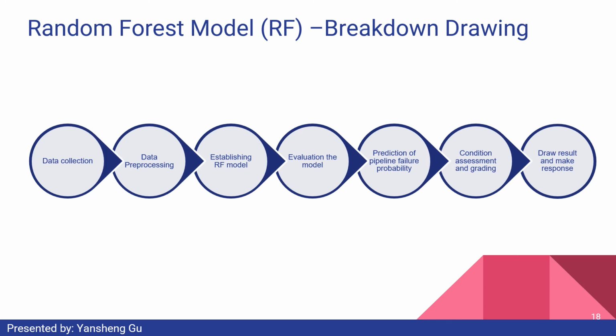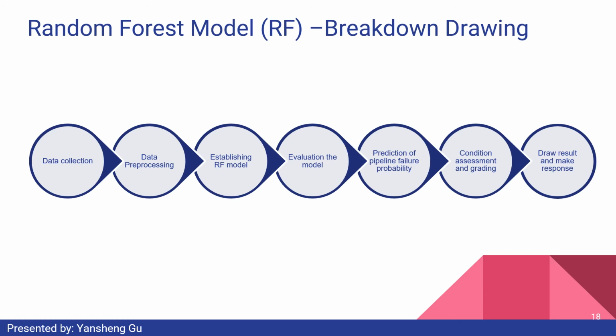The second step is to pre-process the acquired pipeline information. For example, according to the data attributes of the impact factor, it is divided into continuous variables and classified variables.